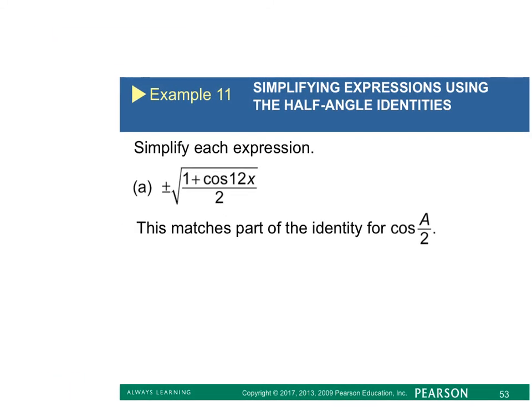I hope this is the last one because I'm tired. Okay. Simplify each expression. You just had to realize that this was a plus sign, so it had to be a cosine half angle. So why don't you just say it's cosine of the full angle.